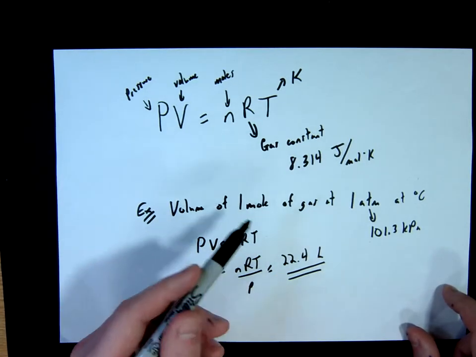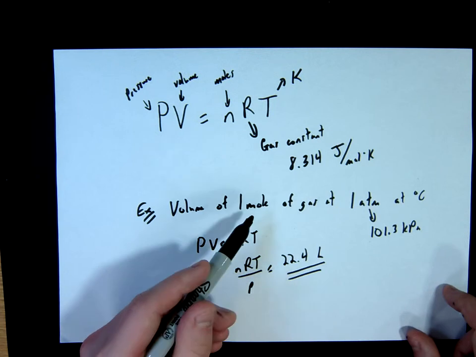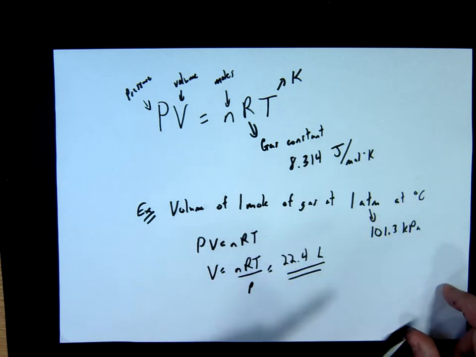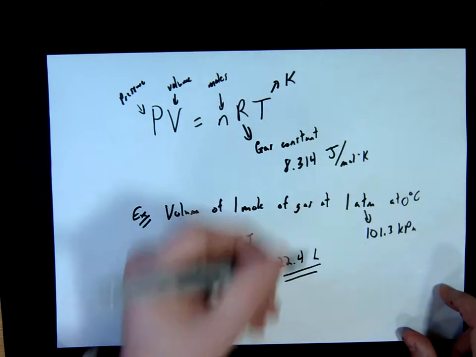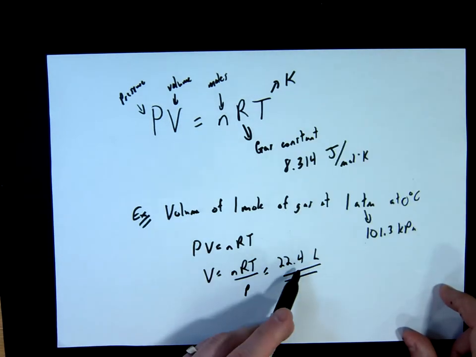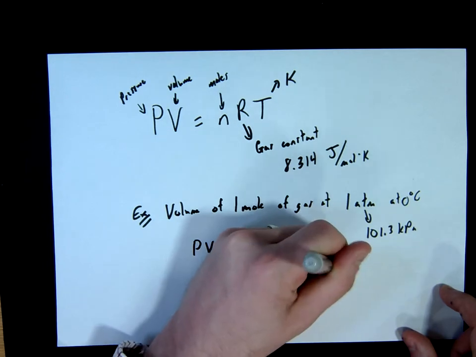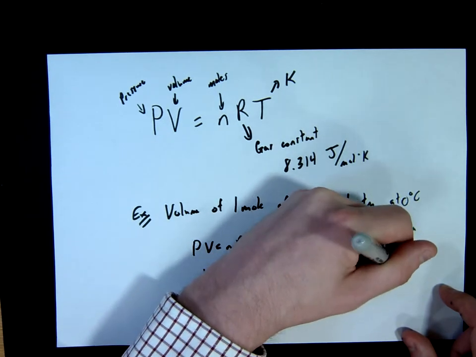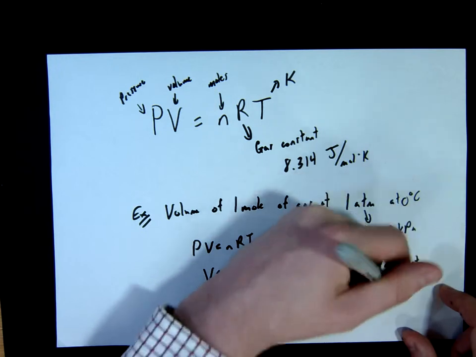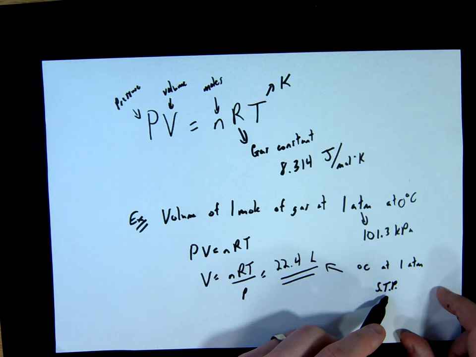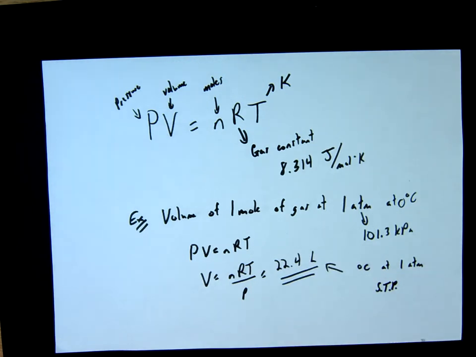It actually doesn't matter. 1 mole of any gas at standard pressure and at 0 degrees Celsius is going to be 22.4 liters. This, 0 degrees Celsius at 1 atm, is called STP, which stands for standard temperature and pressure.